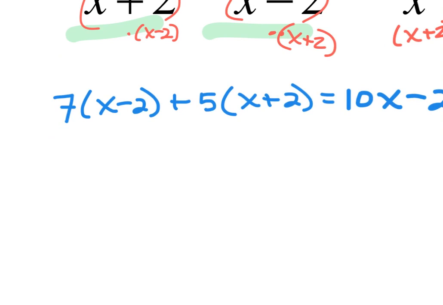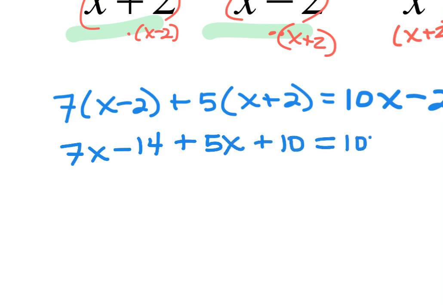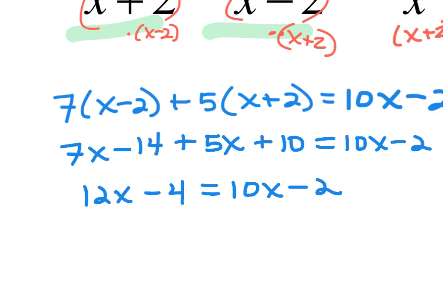I'll start by distributing here. 7x minus 14 plus 5x plus 10 equals 10x minus 2. And then I'm going to combine like terms, and I get 12x minus 4 equals 10x minus 2.